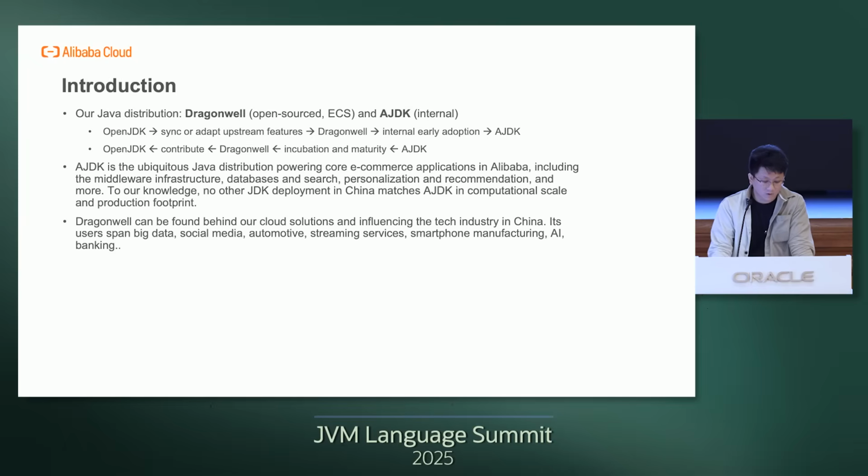We are very proud that AJDK is now the ubiquitous Java distribution powering our e-commerce applications in Alibaba, and you can see it everywhere in Alibaba. To our knowledge, in terms of computational scale and production footprint, AJDK is probably one of the biggest, if not the biggest, deployments in China.